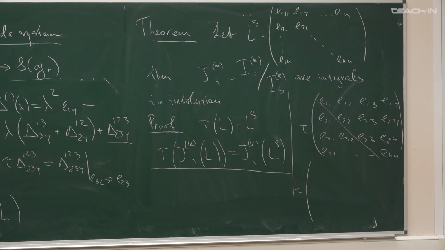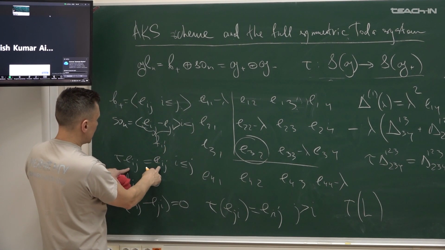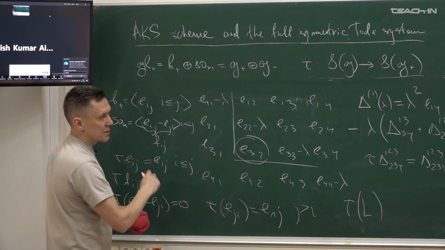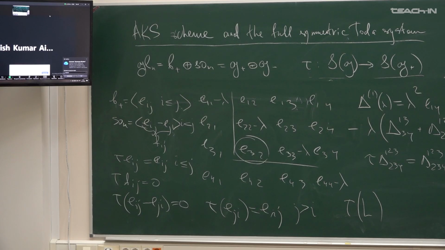Because this upper corner is the element of the upper Borel subalgebra, so tau on such elements acts as an identity.